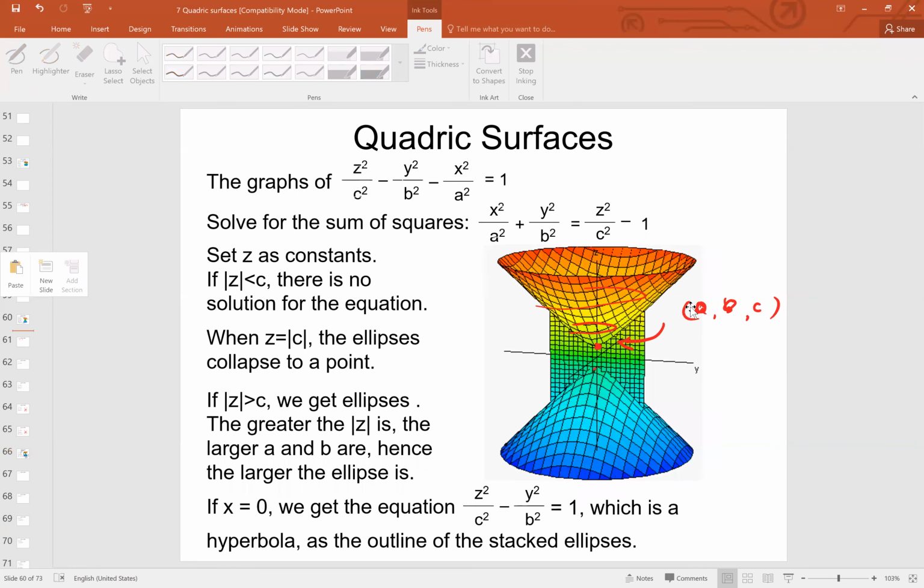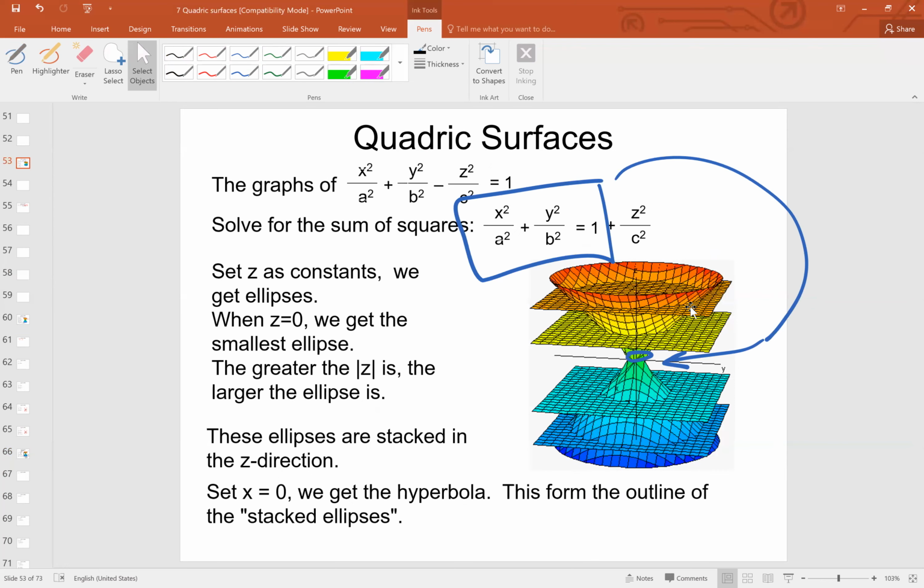as opposed to the profile, for instance, of these. You see why? Because in this case, if I were to set y to 0, let me see which way I want to cut. If I set x to 0, yeah, it doesn't matter. Then you wind up with y, basically plus or minus some z squared over c squared.